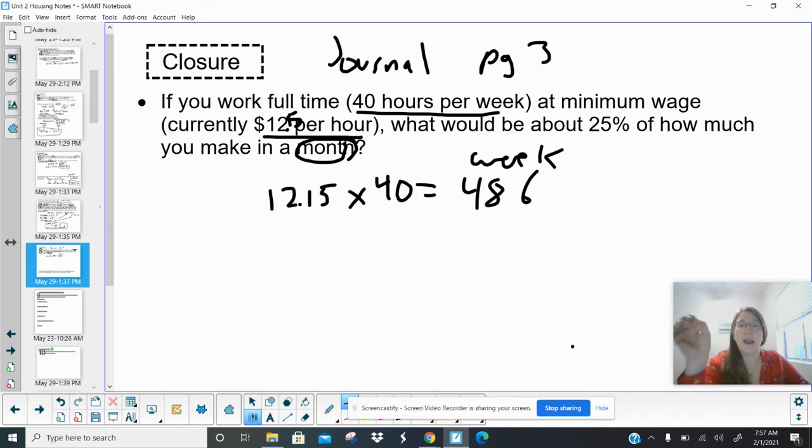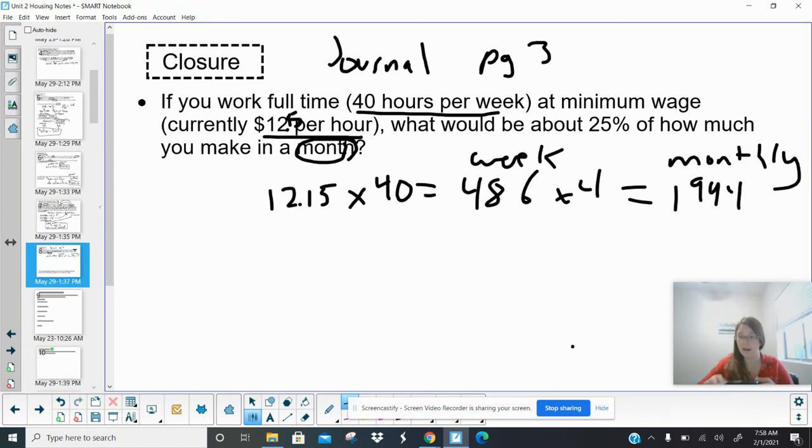Now, we cannot do this always, so don't get stuck in your head that you can do this, but let's estimate that there are 4 weeks exactly in a month. Again, there's not, but if there's 4 weeks in a month, we should multiply by 4. So this is how much you would make monthly if you worked minimum wage. And again, this is obviously before taxes or anything is taken out.